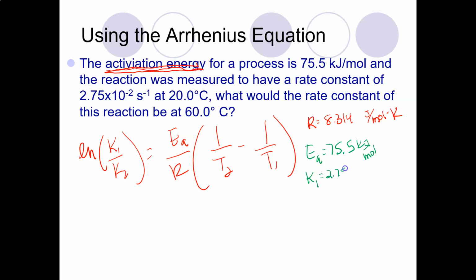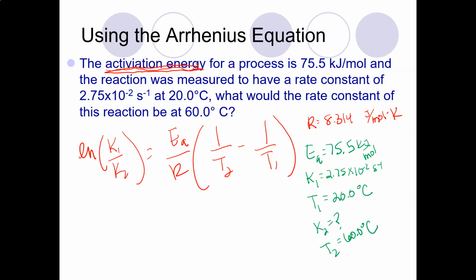It is 2.75 times 10 to the negative 2 inverse seconds at 20 degrees Celsius. Well, T, that's a temperature, and I'm going to call that T1 because that matches with the K1. The question is then asking, what would the rate constant, so we don't know the other rate constant, of this reaction be at 60 degrees Celsius?